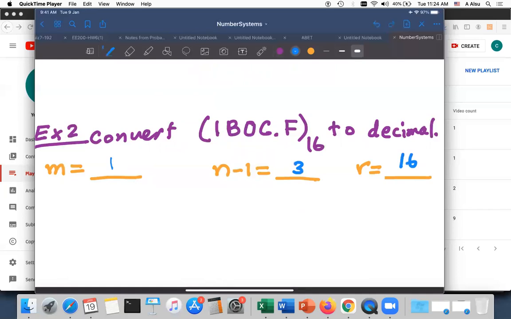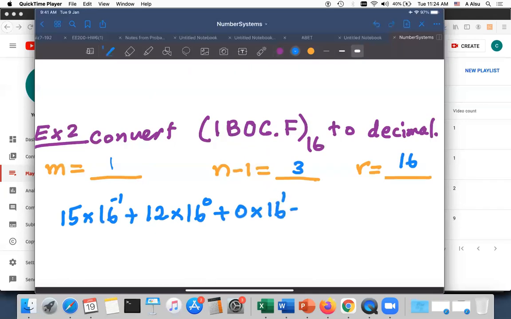So now apply the algorithm. F has a value of 15 times 16 to the minus 1, plus C, which is 12, times 16 to the 0, plus 0 times 16 to the 1, plus B, which is 11, times 16 to the 2, plus 1 times 16 to the 3.